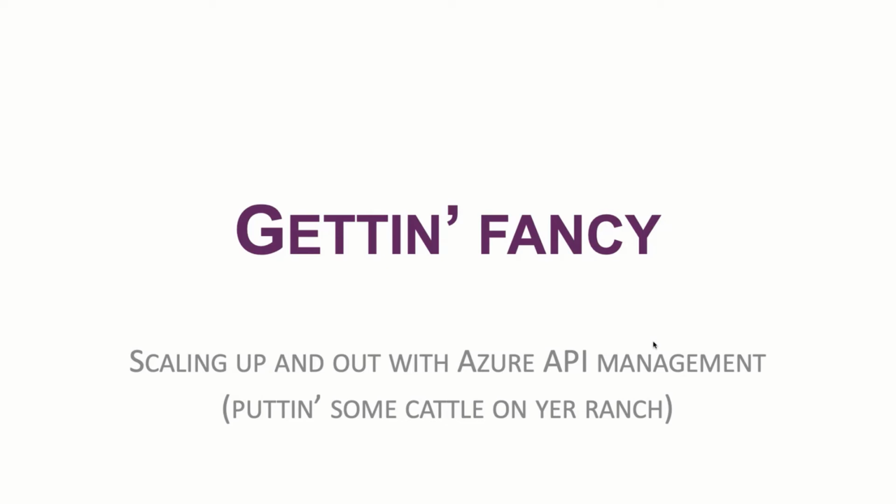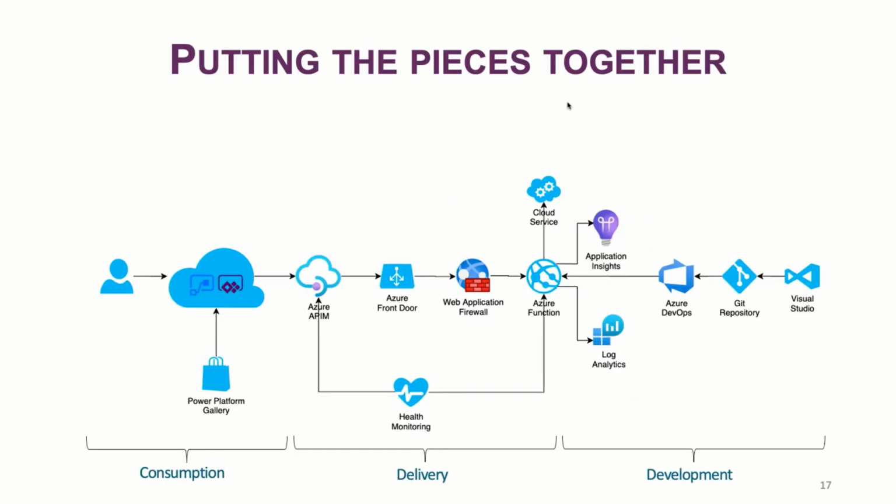But I have a couple of problems here. One, I need to make sure that I can throttle it, that it doesn't get overwhelmed, that my Azure functions are actually going to perform. I need to make sure that I have a place or a way to issue API keys, let people manage their API keys and subscriptions. I may even want to productize and manage this in versions. All of those are standard API definition requirements.